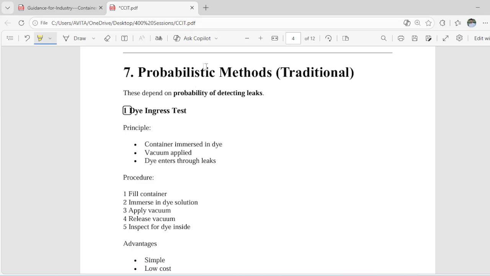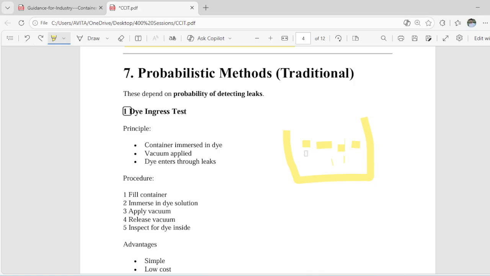First one, probabilistic method. These are traditional. These depend only on the probability of detecting leaks. In that, we have some simple tests like the dye ingress test. In that, the container is immersed in the dye. So this is a simple test. Let's suppose this is a dye that they have taken into some container.